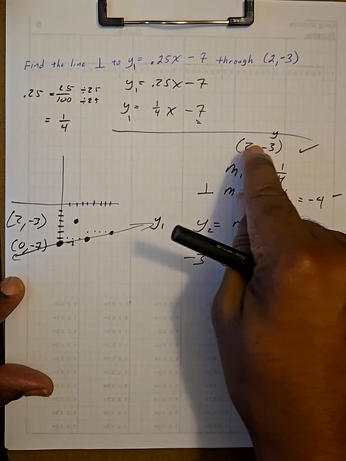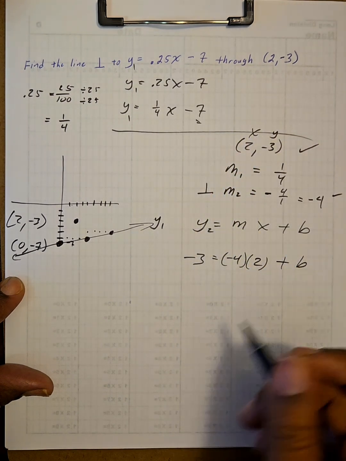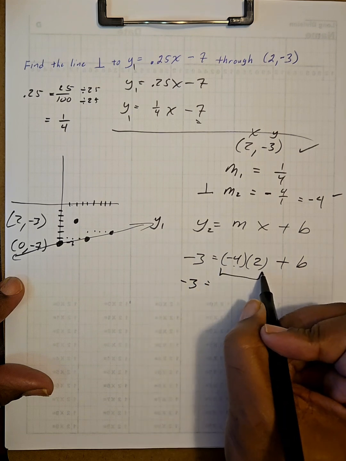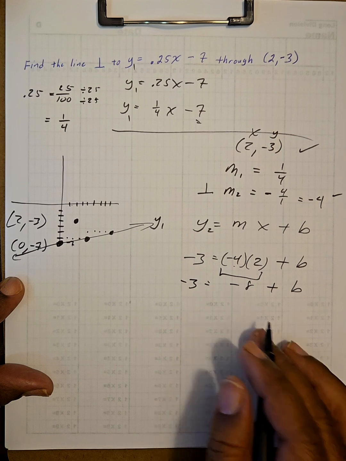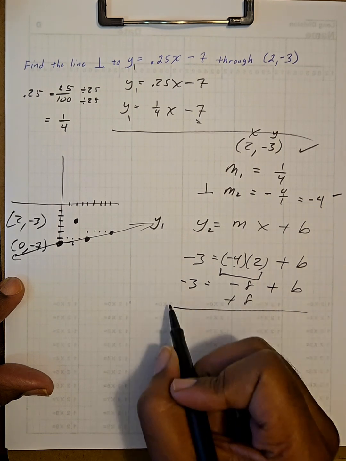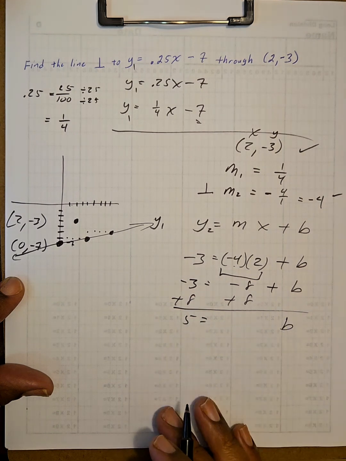The x comes from this guy right here, which is the 2, plus b. So what we have is negative 4 times 2. That's negative 8 plus b. Then to solve for b, we have to get rid of the negative 8. So I'm going to add 8 here, add 8 here, and we'll get 5 equals b.